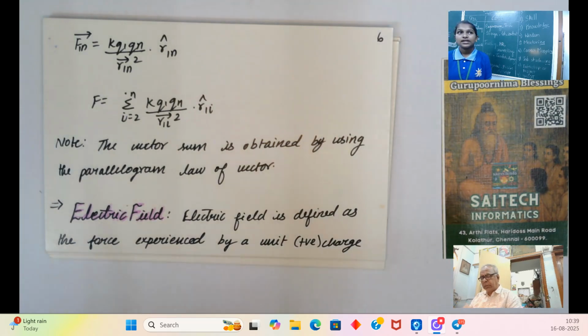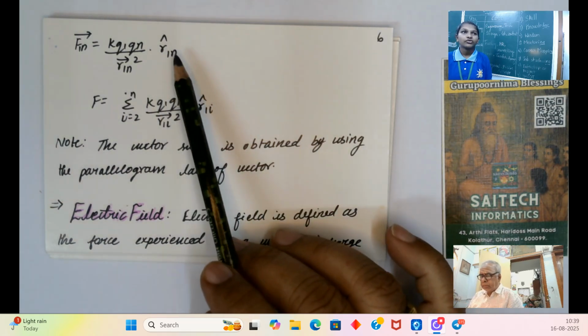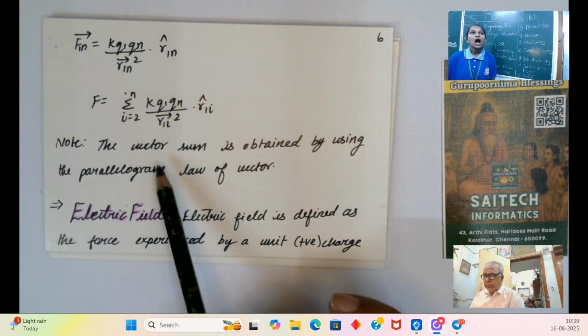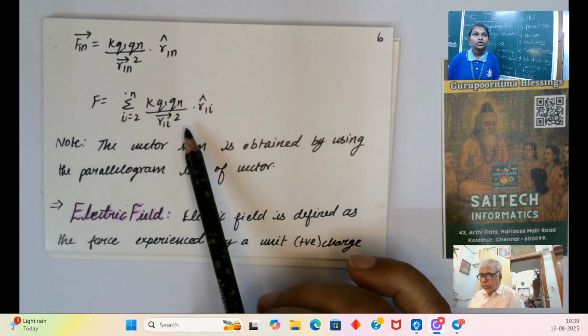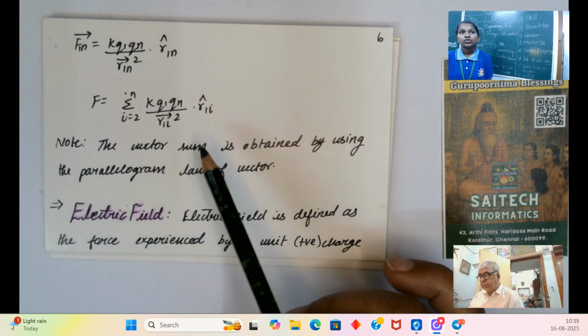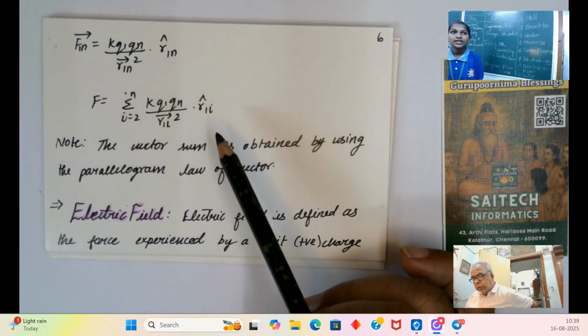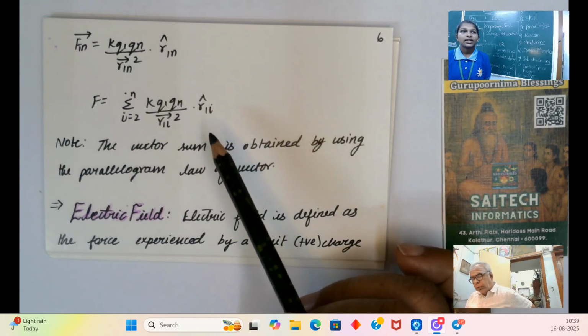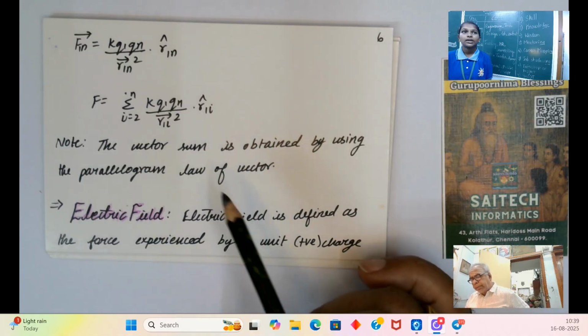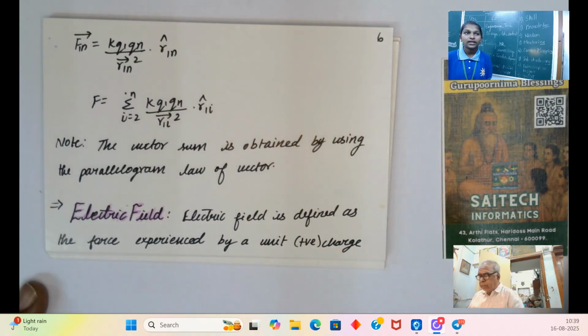And then we represented it in n form, where F1n vector is equal to K Q1 Qn divided by R1n vector square into R1n cap. So as a whole, it can be represented as F is equal to summation i equal to 2 to n of K Q1 Qi divided by R1i vector square into R1i cap.